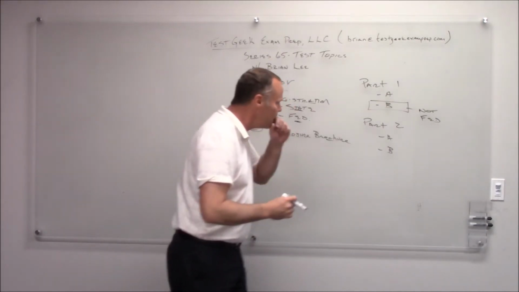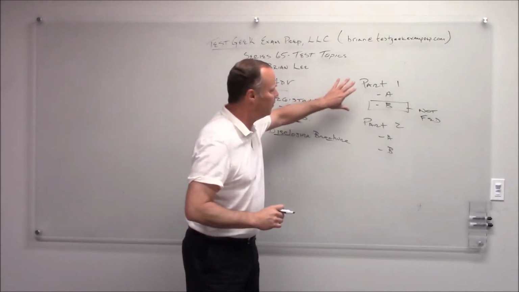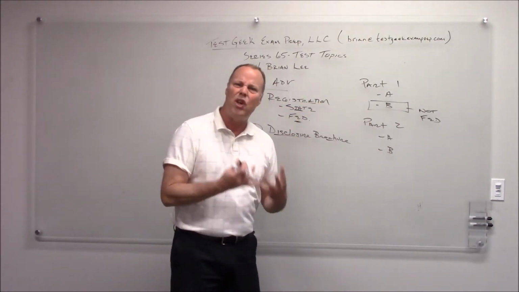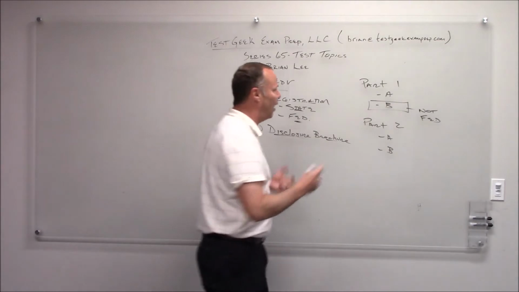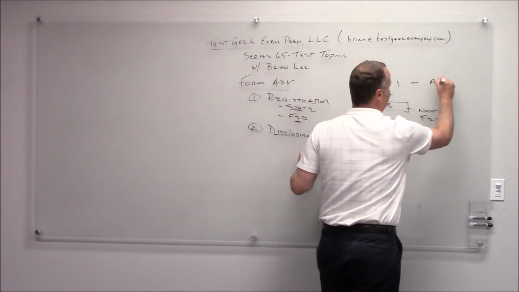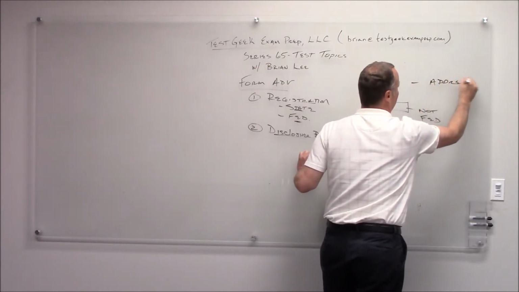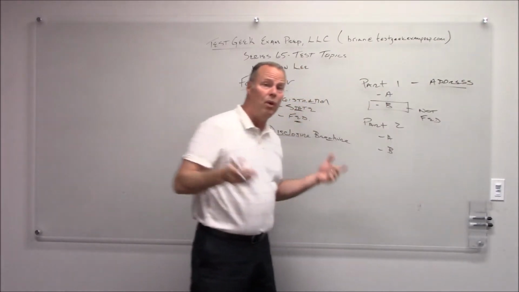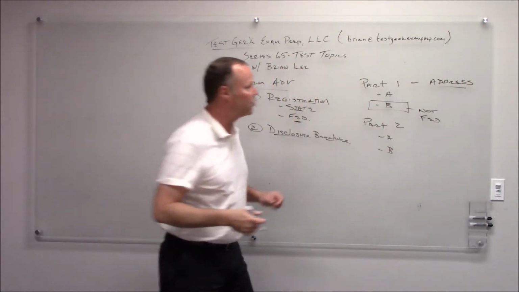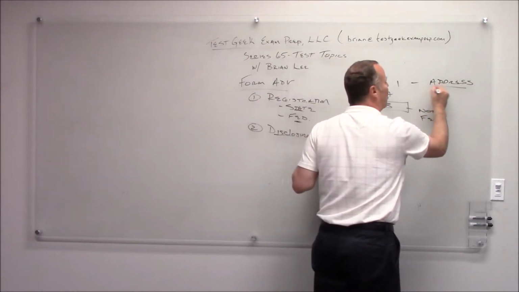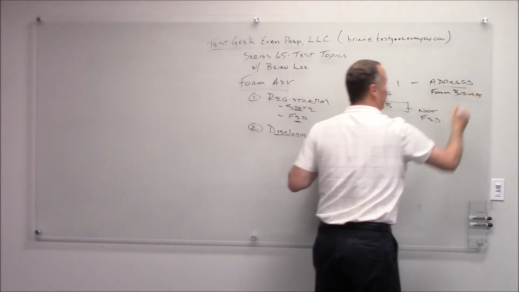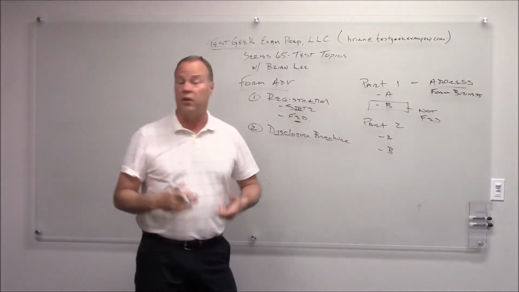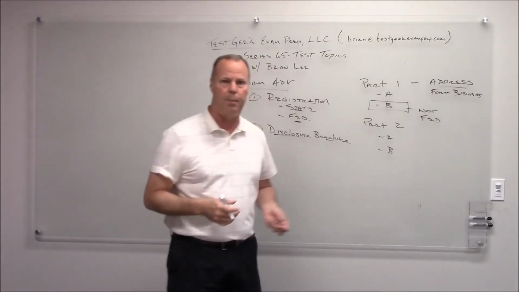Anyway, the first thing we want to take a look at in Part 1 is the general information about the firm itself. For example, its principal address, right? Where is the principal home office address? The form of business, right? Is it an LLC? Is it a C Corp? Is it an S Corp? That type of thing.